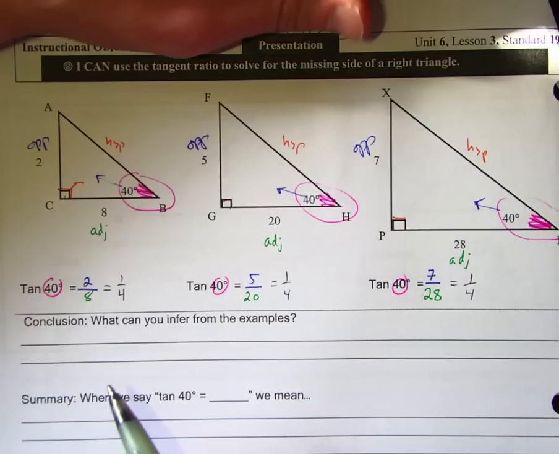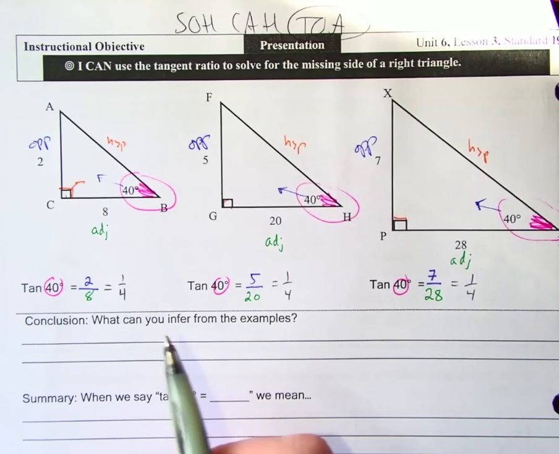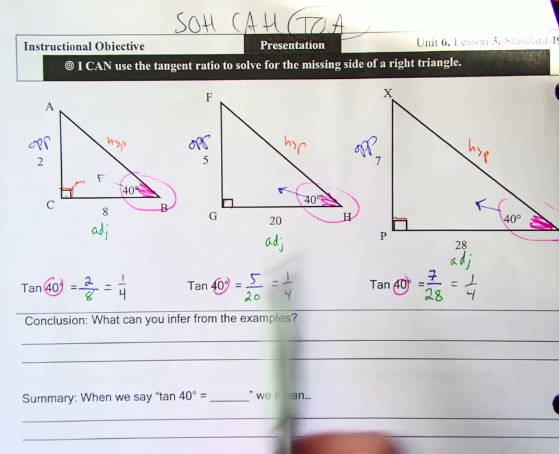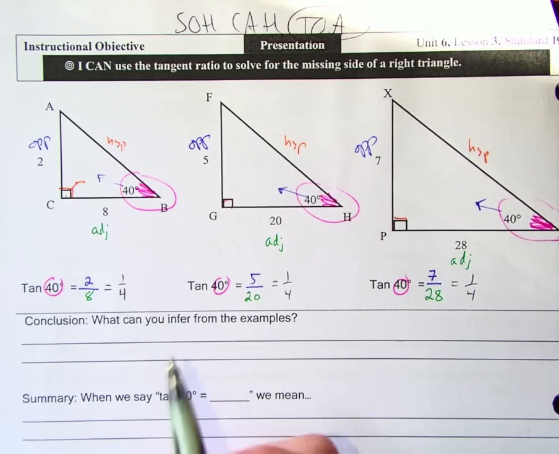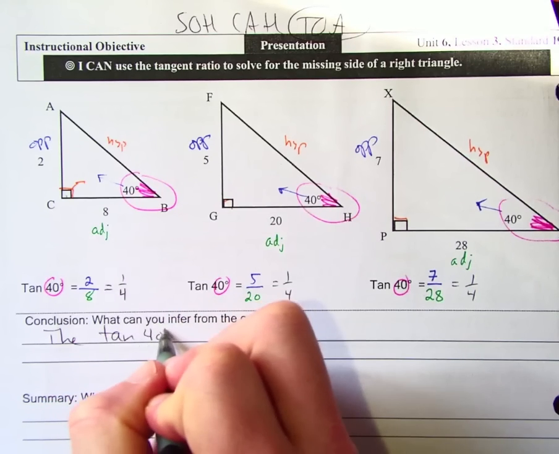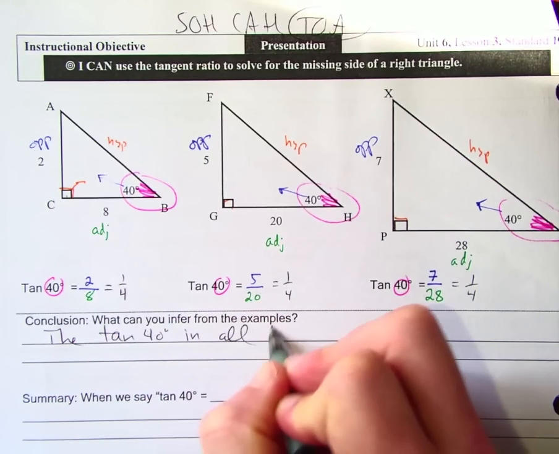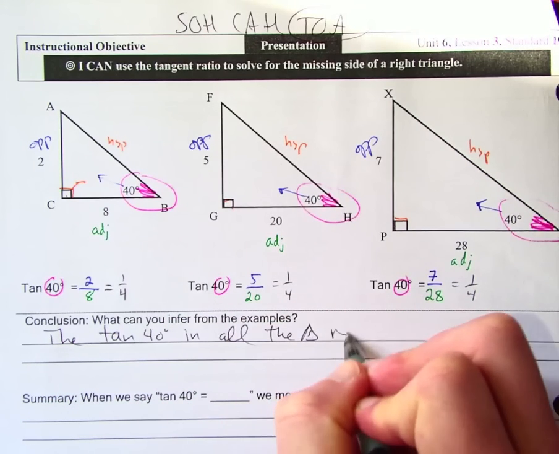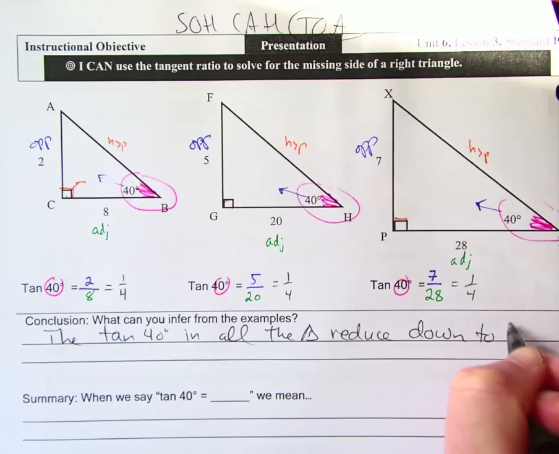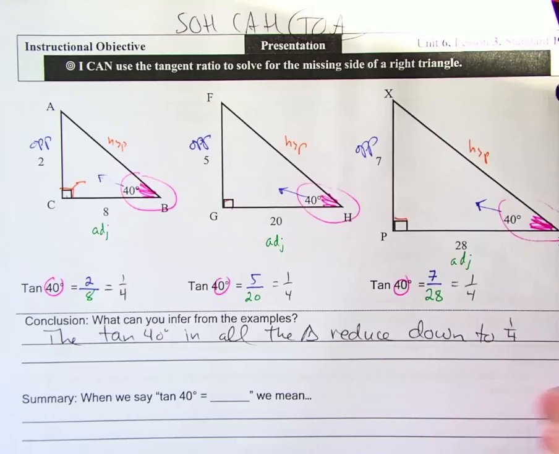And so it turns out that the tangent of 40 in each of these 3 triangles reduces down to the same thing. So the tangent of 40 degrees in all the triangles reduces down to 1/4.